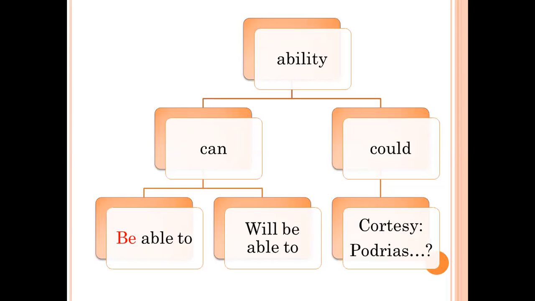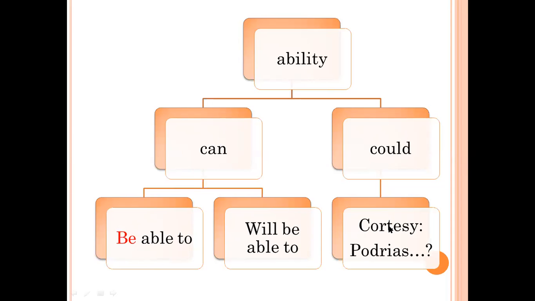In this case, we go to the substitute, that is be able to. This one can be used in all the tenses: present, past, future. This is the way that we use it for future: will be able to.